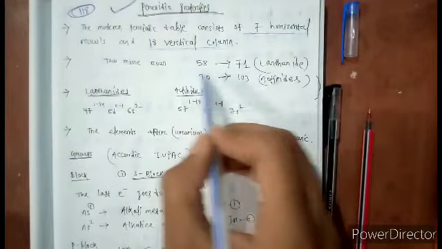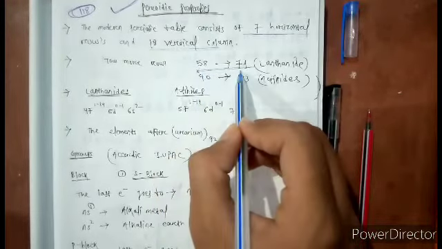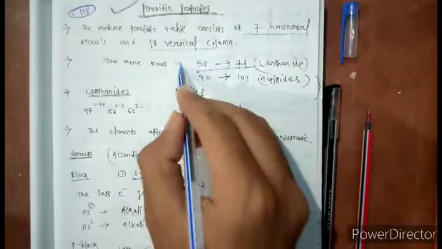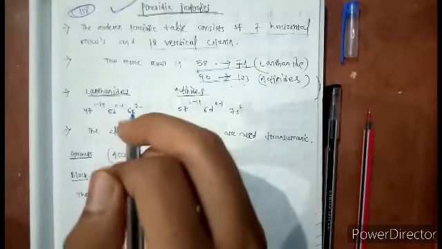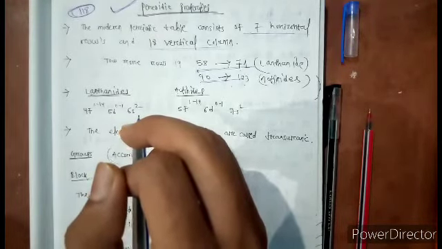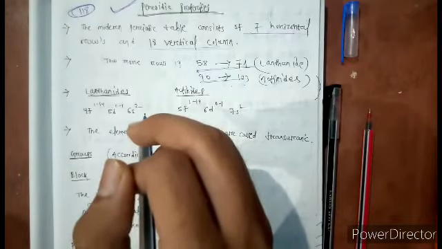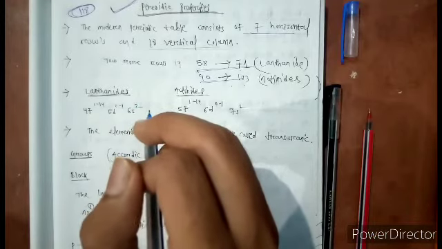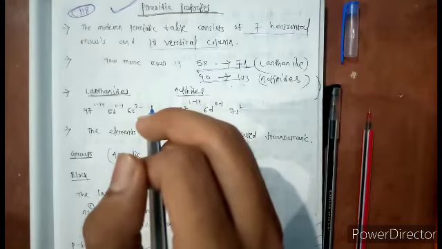There are also separate rows, starting from atomic number 58 to 71, which is 14 elements, and again 90 to 103. If the atomic number lies between 58 to 71, it is called the lanthanide series. If the atomic number lies between 90 to 103, it is called the actinide series.